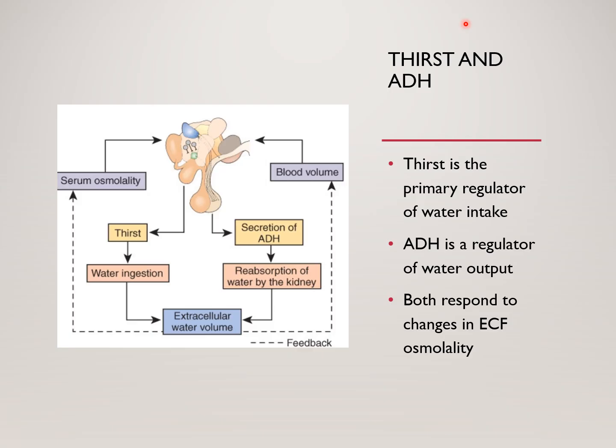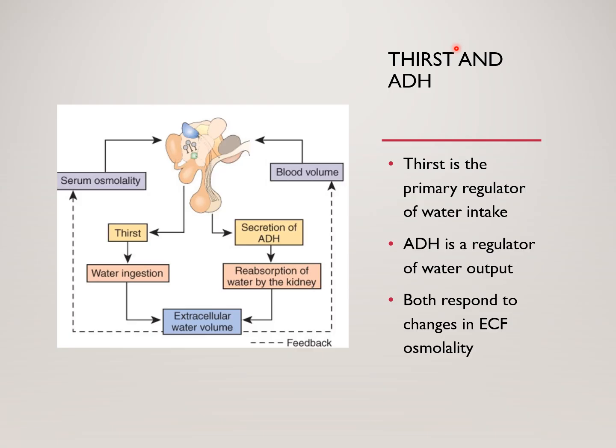ADH is the antidiuretic hormone, and it is kind of what it sounds like. When ADH is released, antidiuresis means that it signals the kidney to hold on to more water. So again, ADH would be released if we have an increase in osmolality, to try to bring that ECF osmolality back into normal levels.